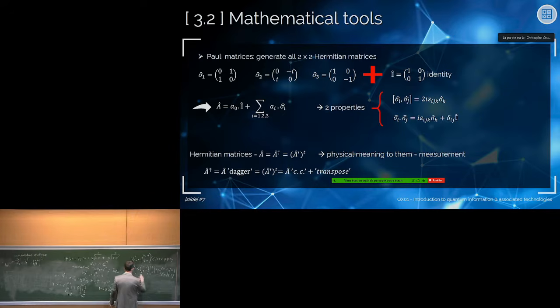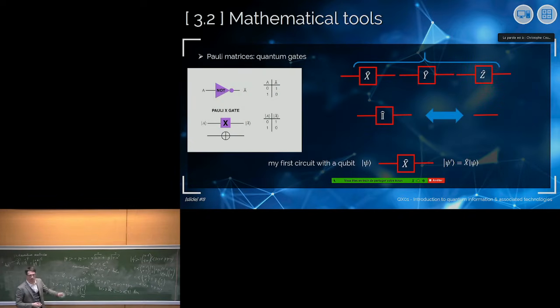This will give me the vector alpha (0, 1) plus beta (1, 0). And this is exactly the 1, and this is exactly the 0. So we did indeed invert the 1 into 0 and the 0 into 1. Right. So this is our first quantum circuit.